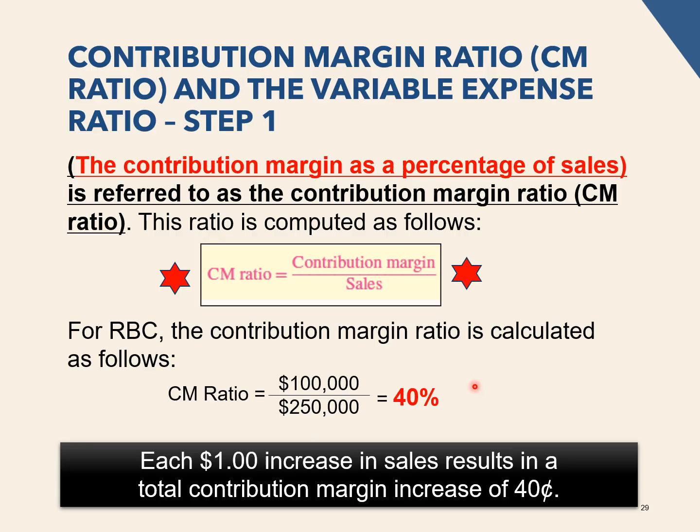You will get this number by taking $100,000, that is the contribution margin for this company, divided by $250,000, that is the total sales. So 40% is the contribution margin ratio, which means each $1 increase in sales results in a total contribution margin increase of 40 cents.